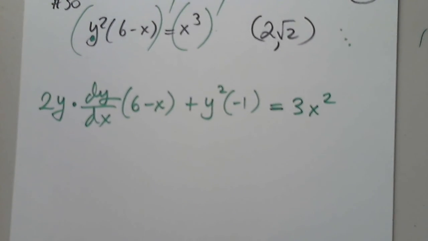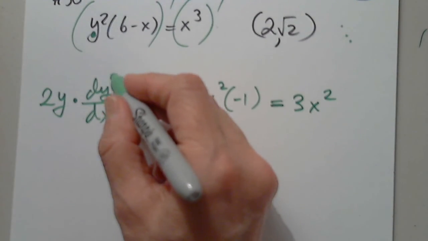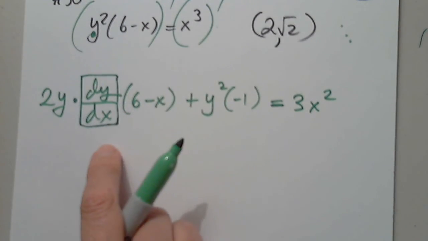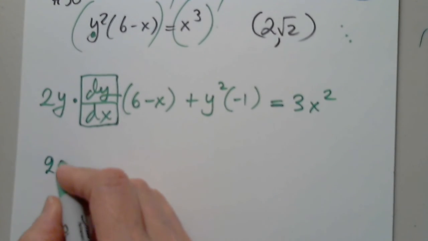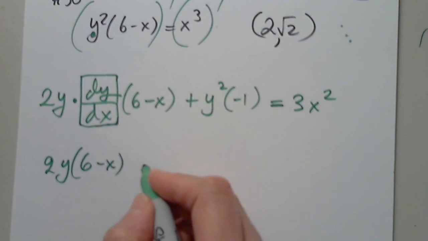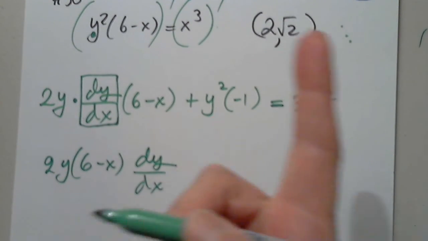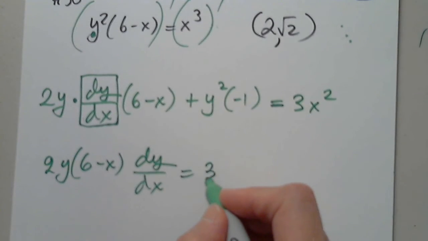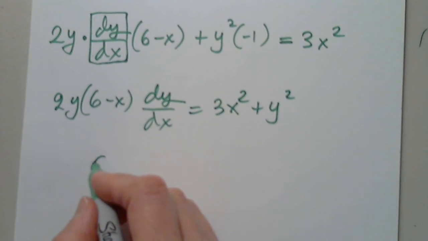Awesome. So it happens that this equation has only one term that has the variable dy over dx. So I'll have 2y(6 minus x) dy over dx. This is negative y squared, but it will become positive on the other side. And then I solve for dy over dx.